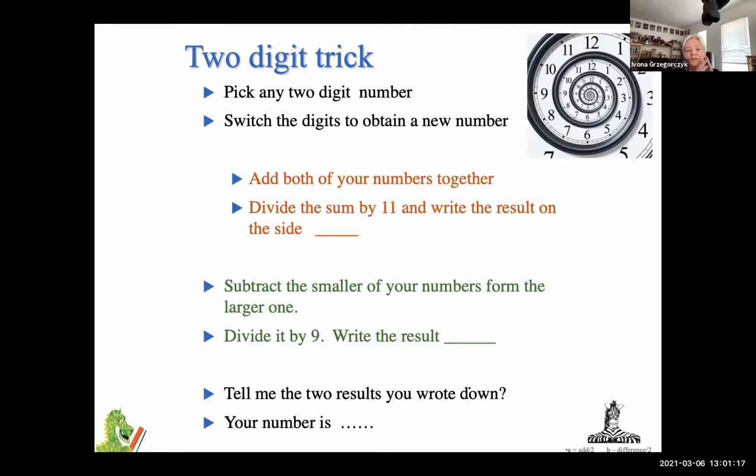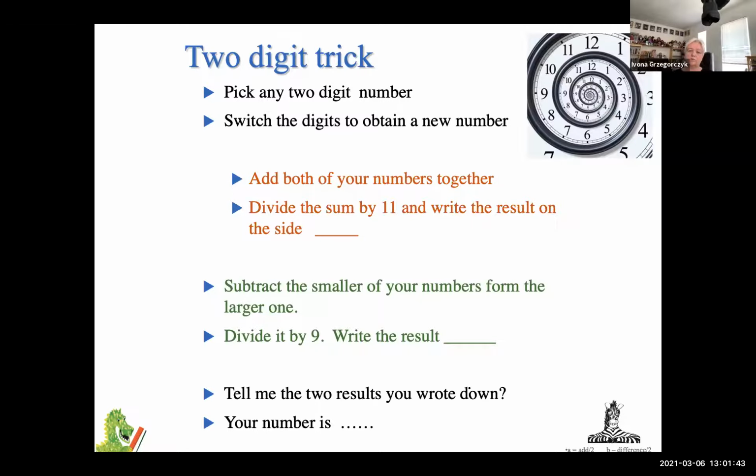Now, look at these two numbers that you had at the beginning. One of them is larger. So take away smaller from the larger. And this should be divisible by 9. So divide it by 9 and keep the result.